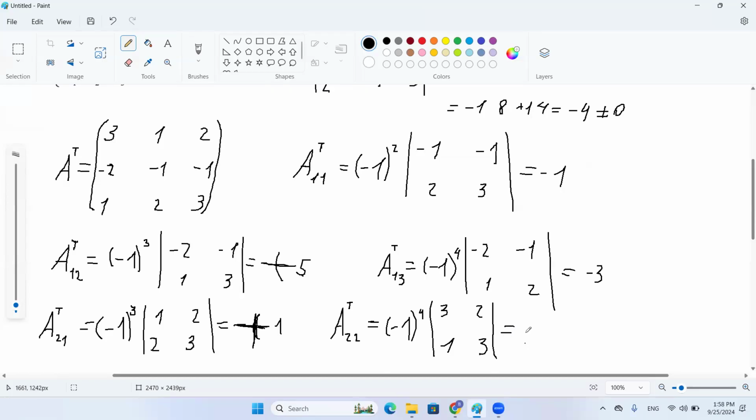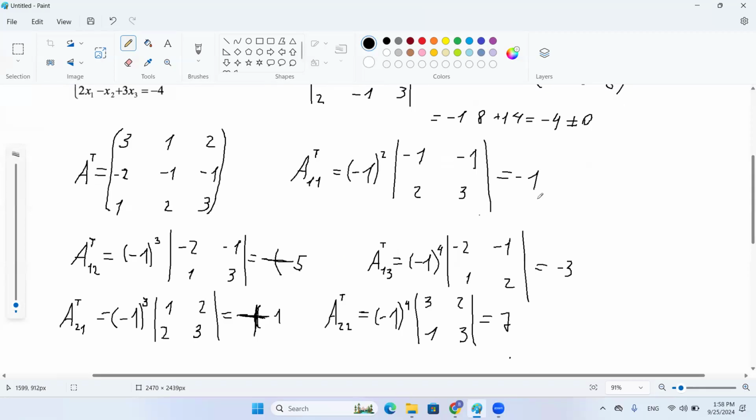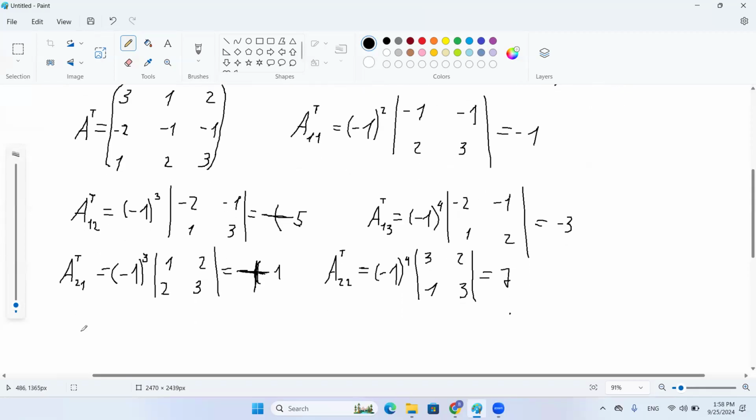Yeah, 9 minus 2, 7. Okay, if I zoom out a little bit, does everyone see well? Yes, yes.